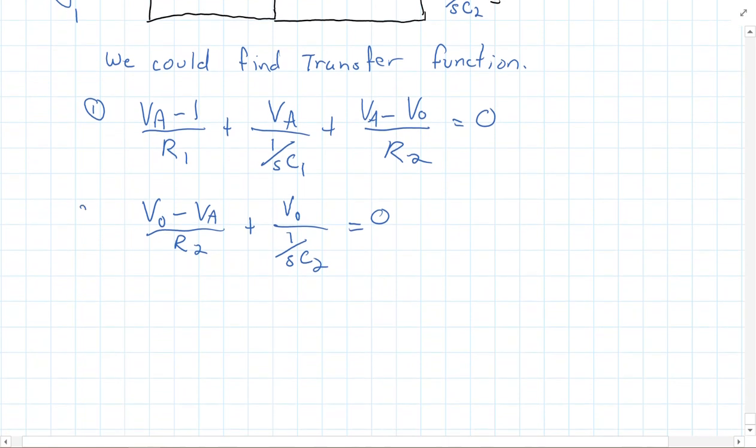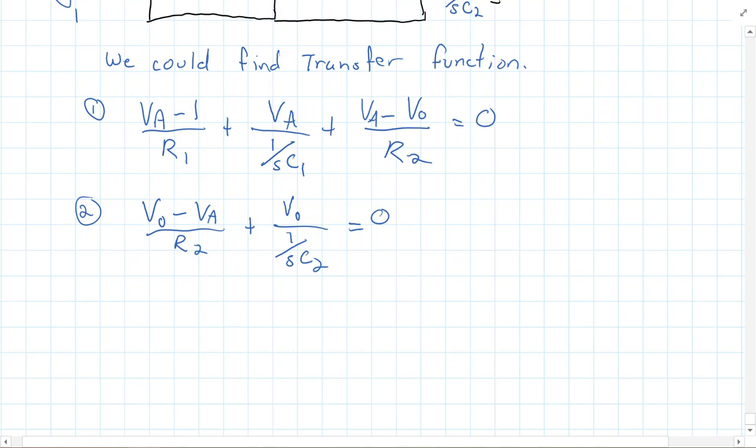Now this would be our second equation, and then we have to start solving systems of equations with unknowns here. So we'd really want to use a symbolic solver or something like that. This one's pretty easy, but if we get into a third order or a fourth order, you'd see it just becomes messy.